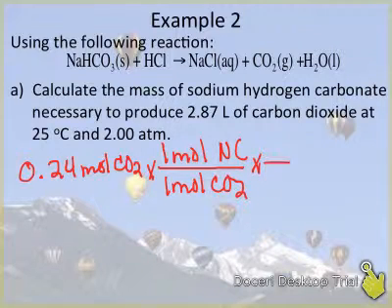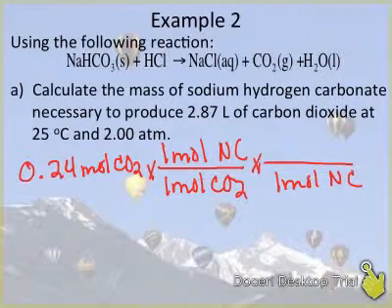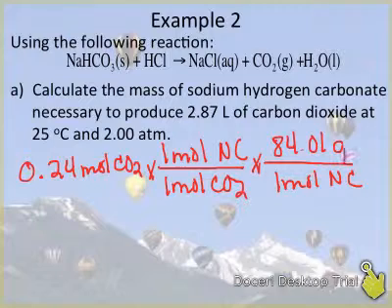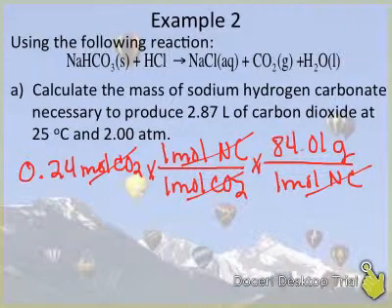Then we need a mole ratio, right? Because it's asking for mass, it's not asking for moles. So 1 mole of our sodium hydrogen carbonate is going to give us, and I went ahead and did it for you, 84.01 grams. Moles cancels, we're left with grams.